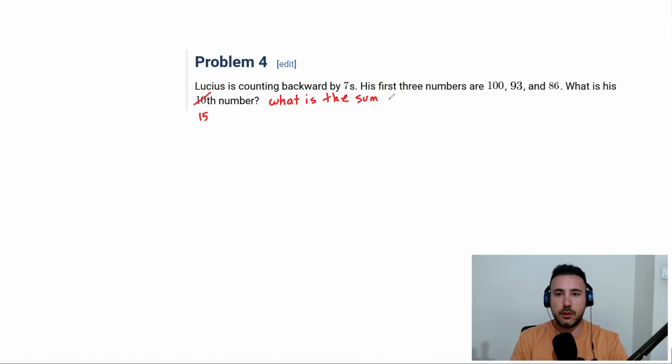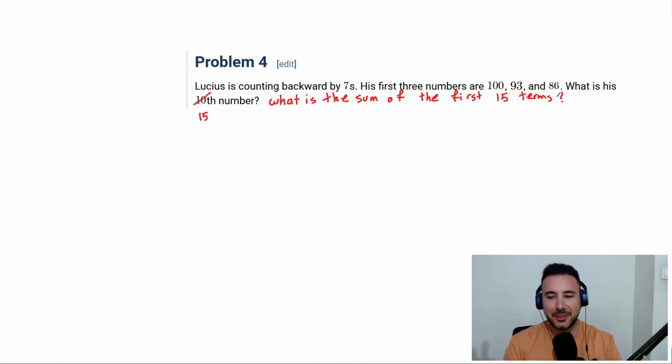What is the sum of the first term all the way to the last term? The sum of the first 15 terms. Okay. If you're good at both of them, then you don't need a lot of practice on this. But if you struggle, definitely practice this topic more.